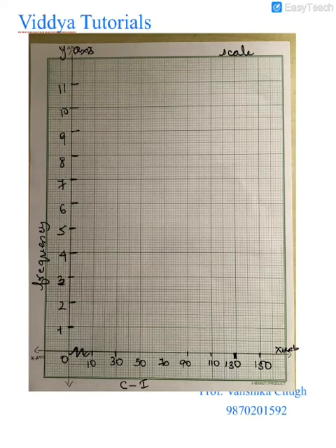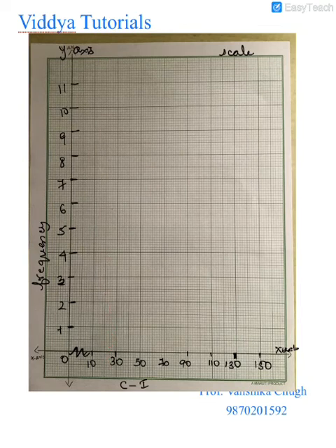On my y-axis, I am showing my frequency, and since my highest frequency was 9, I could take the scale of 1. So I've plotted 1, 2, 3, 4 till 11 on my y-axis. Now I will plot my frequency polygon. So first class interval is 10 to 30, the class mark is the midpoint, which is 20, and the frequency is 4.